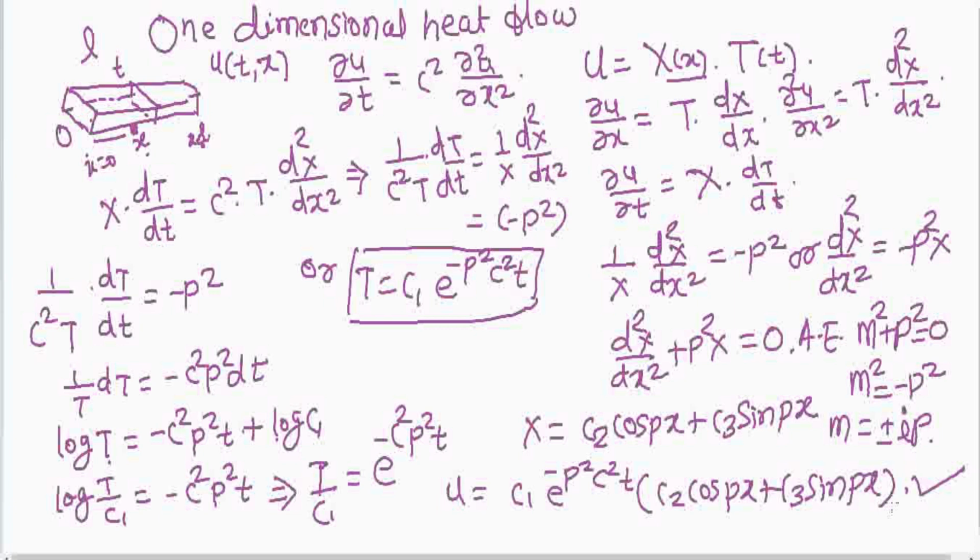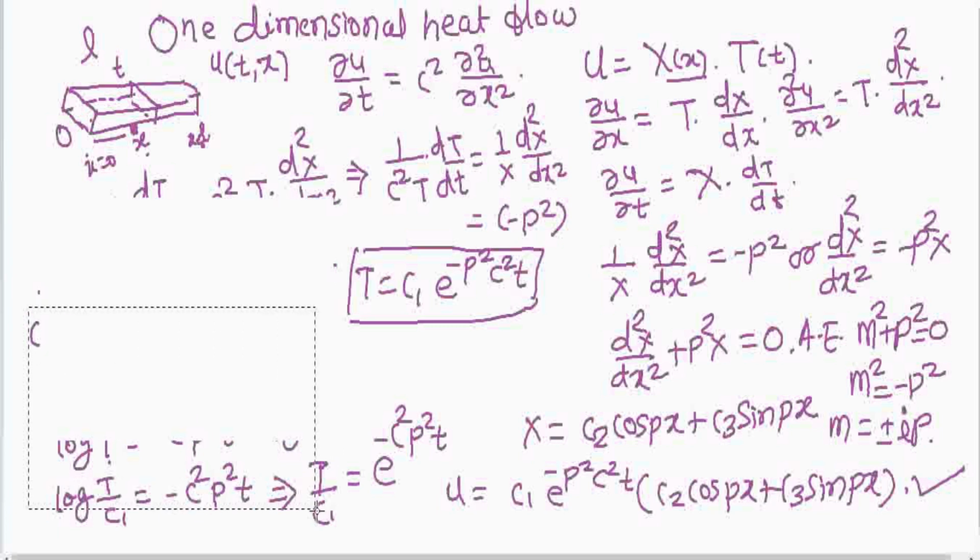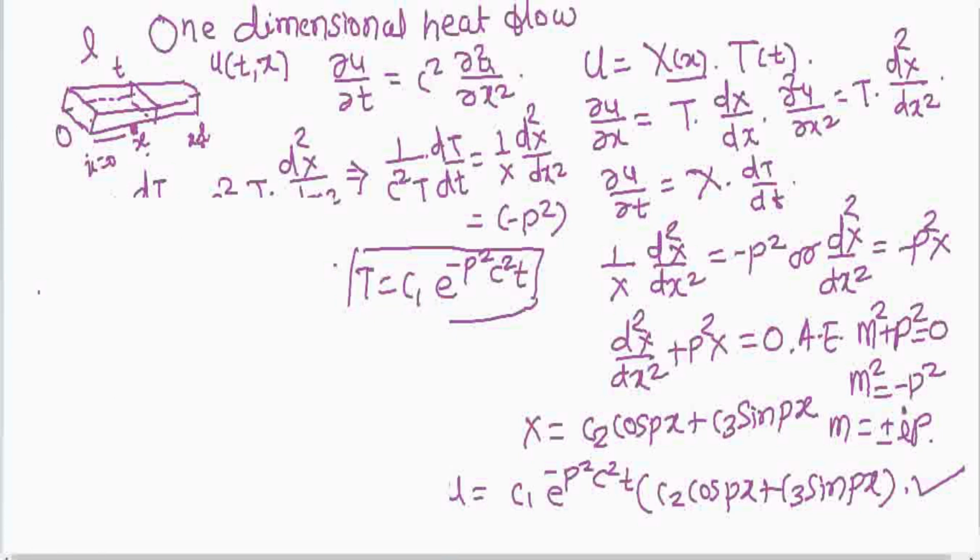Now we apply the initial conditions. We have taken that it is insulated at the end point, meaning at the end point we do not have any kind of heat, therefore the temperature at the end point is 0. If the temperature at the end point is 0, then at x equal to 0 we have u also equal to 0.